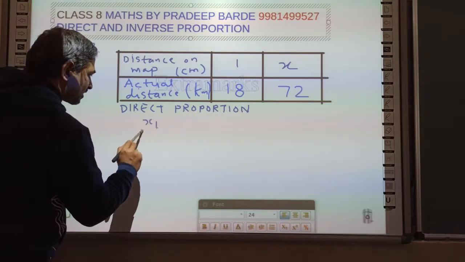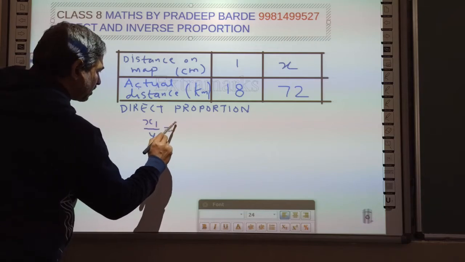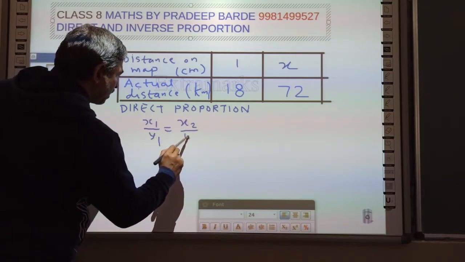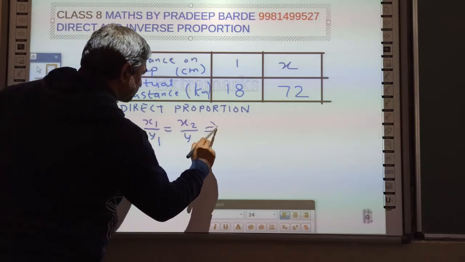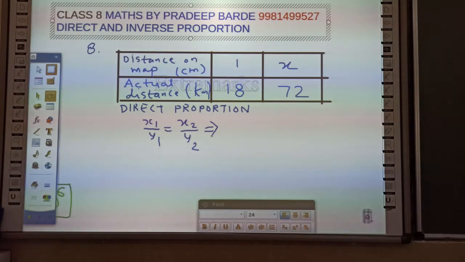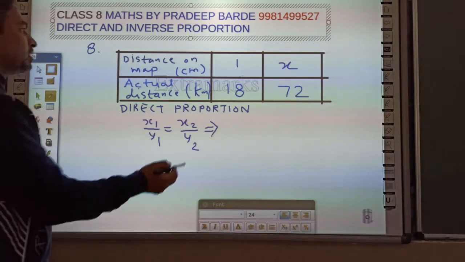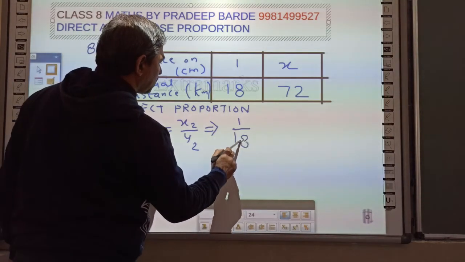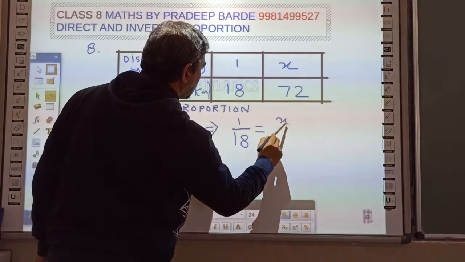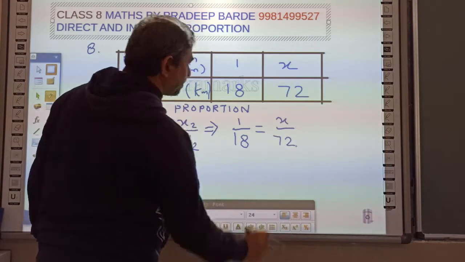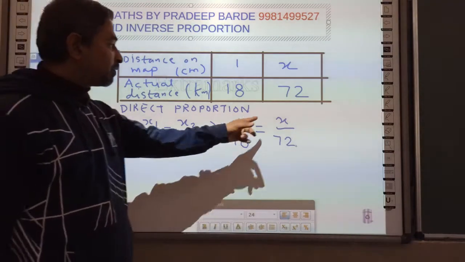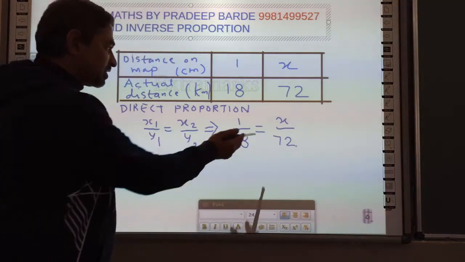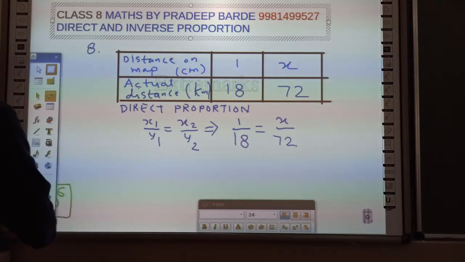Condition we'll write as x1 upon y1 is equal to x2 upon y2. Therefore 1 upon 18 equal to x upon 72. We have to find out the value of x. So 72 को इधर ट्रांसपोज कर ले डायरेक्ट.